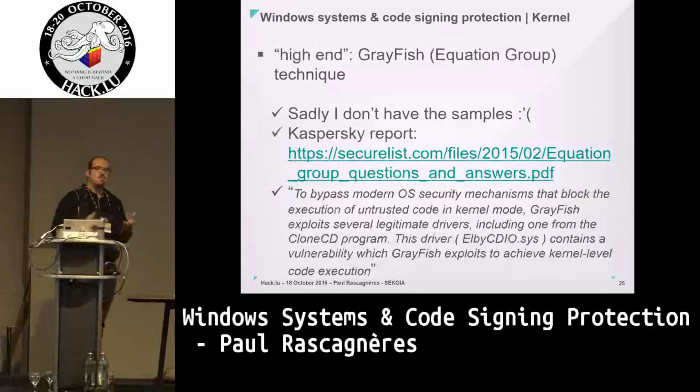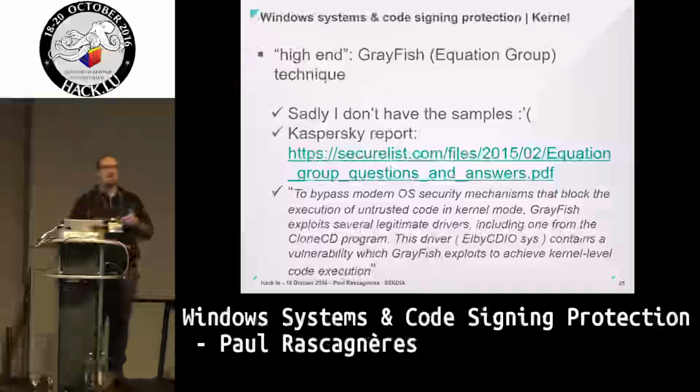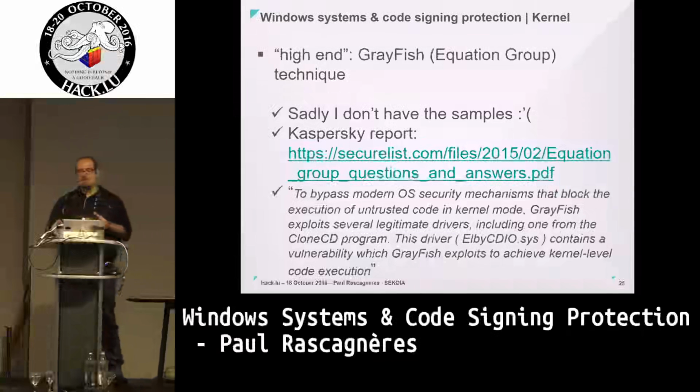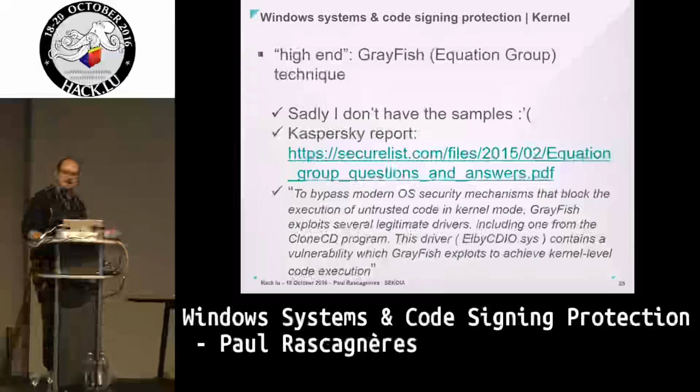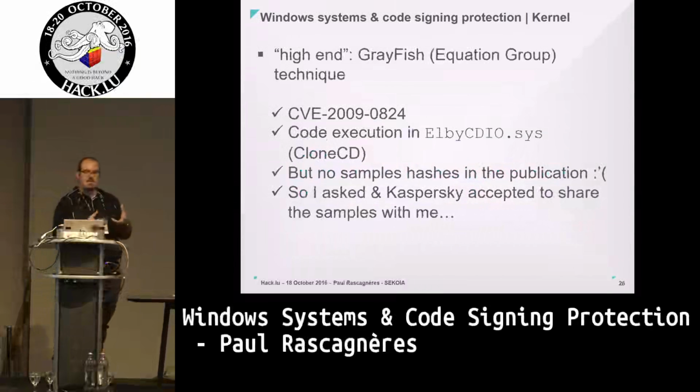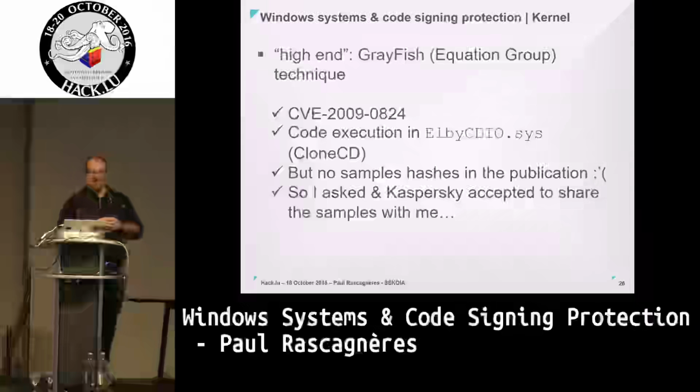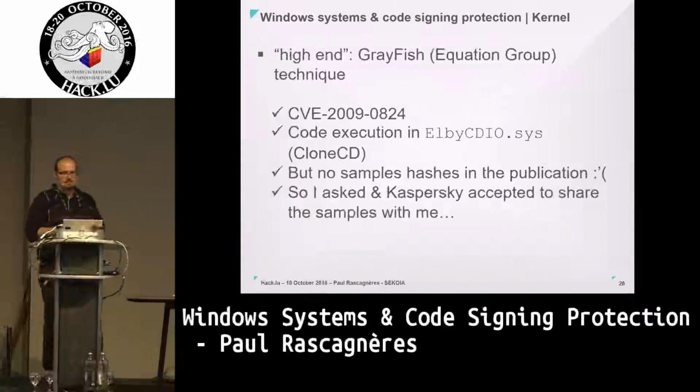For me, it sounds really similar to the previous case. So I think the Equation Group people used more or less the same technique. They use a legitimate driver to bypass signature checks, but I don't know exactly how they implement the bypass.